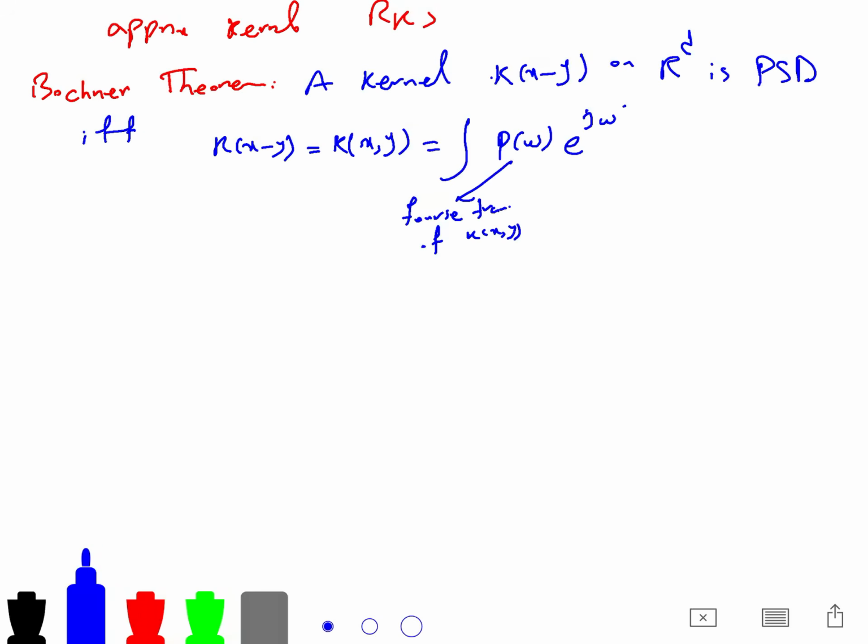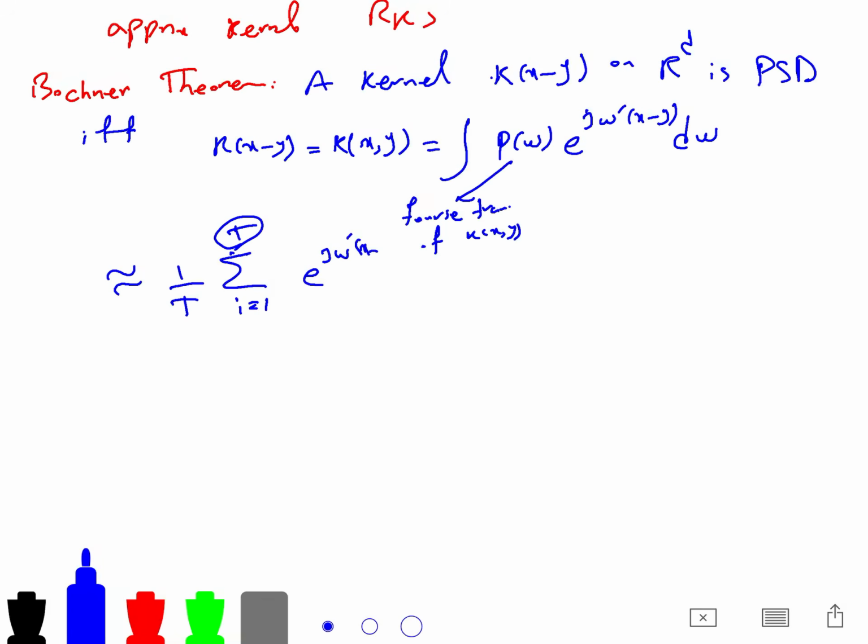Times e^(j omega (x minus y)) d omega. Because this is an integral, we just sample average it. So this is approximately a sum from i equals 1 to T, but T is a design variable, so it's very important to know how many finite terms you need. There is a minimum that you have to have, because otherwise you lose your information.